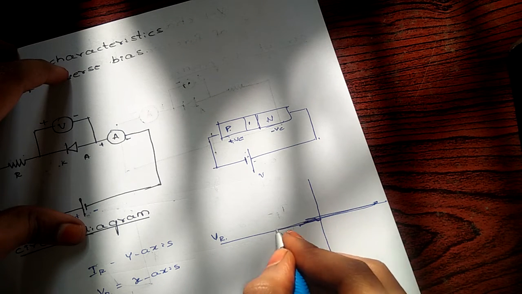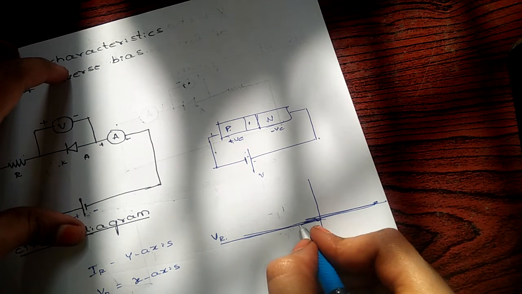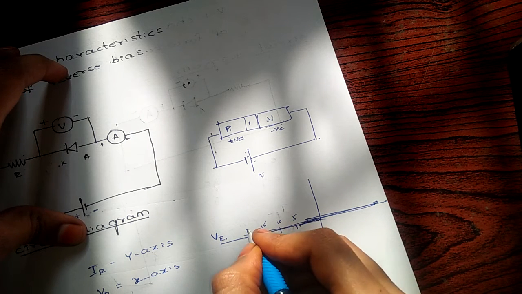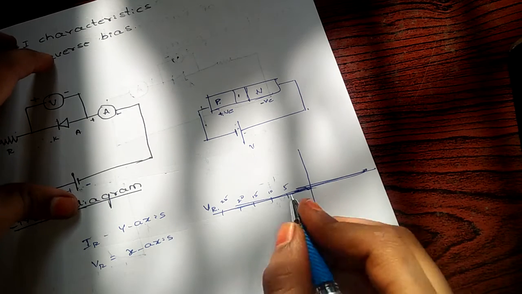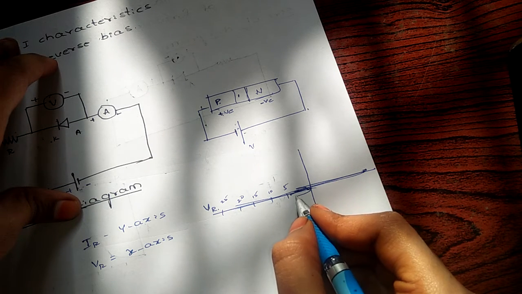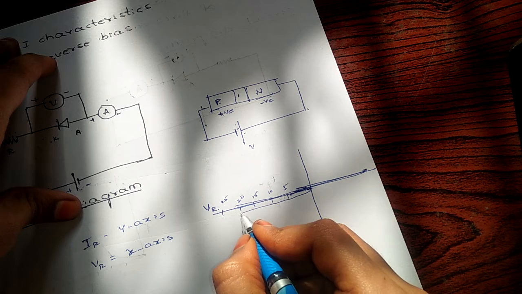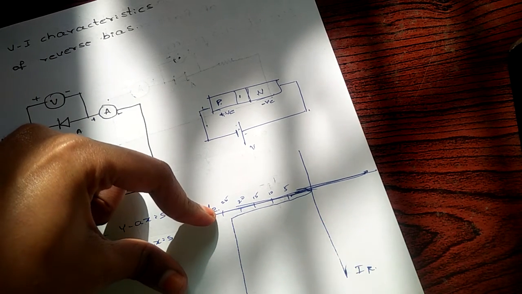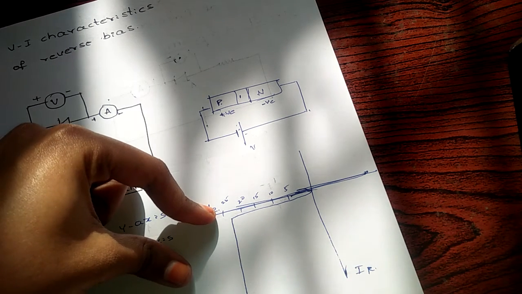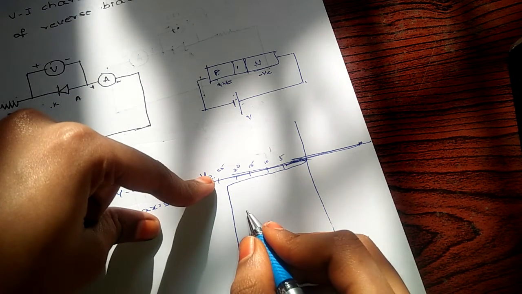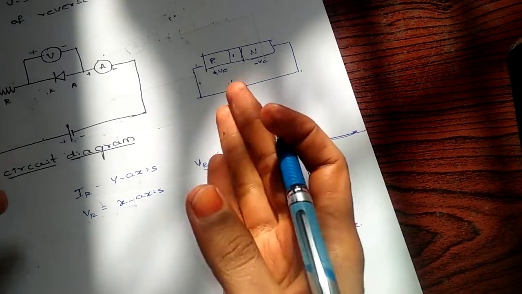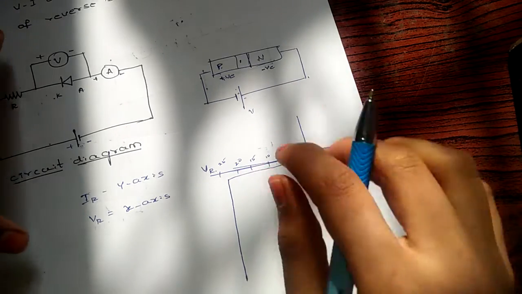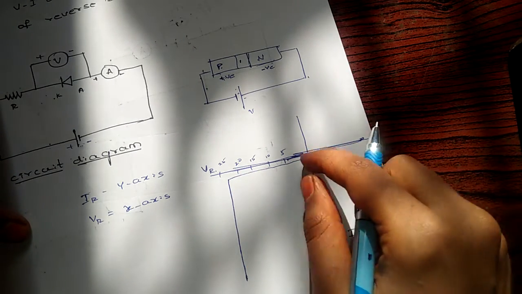So while increasing the voltage, like 5, 10, 15, 20, 25, just increasing, there is no change in current; it is flowing very little. After a certain voltage, there is a very sharp and constant increase in current, because the breakdown has happened, where the depletion region is eliminated, so the current flows drastically by majority charge carriers.